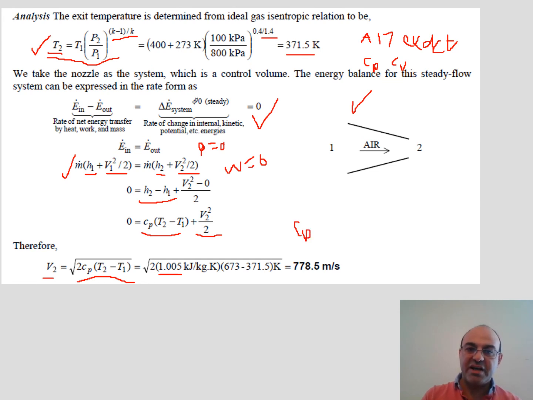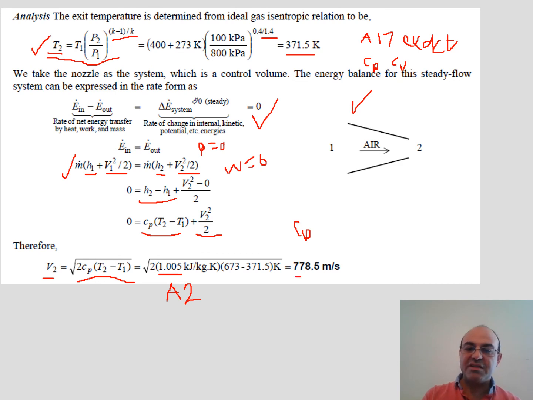T1 is 273 and T2 is 371.5. So you find the average temperature and then find the average Cp from table A-2 for the corresponding average temperature.